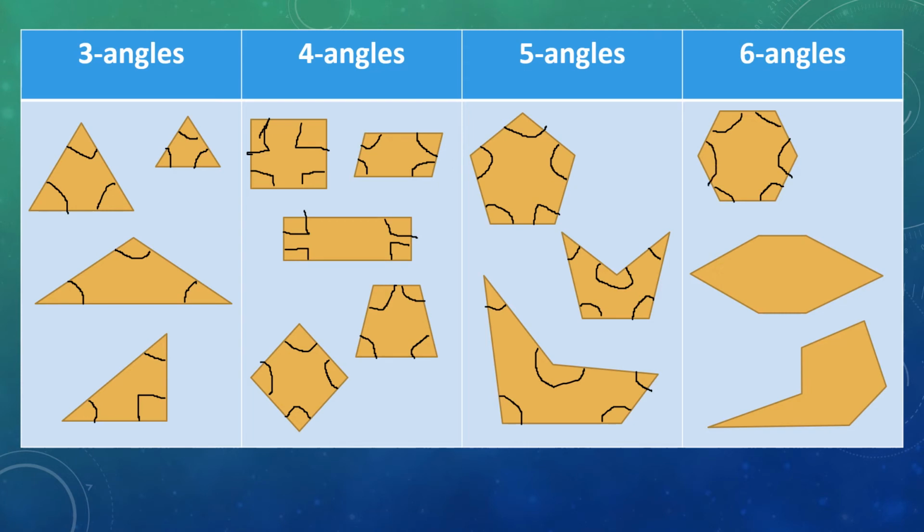And we'll just check all of our shapes. 1, 2, 3, 4, 5, 6, and 1. Here's one of those special angles. 2, 3, 4, 5, and the last one, 6.